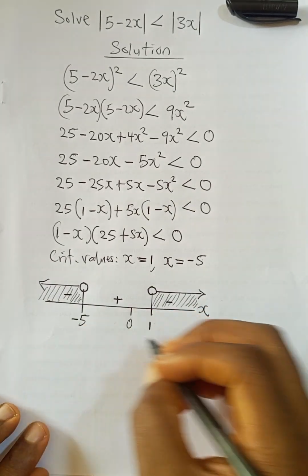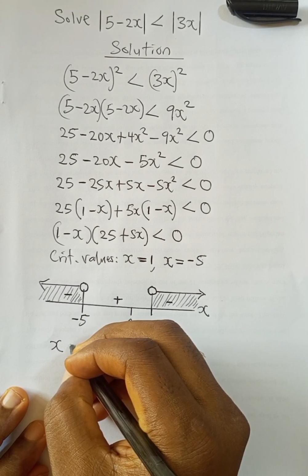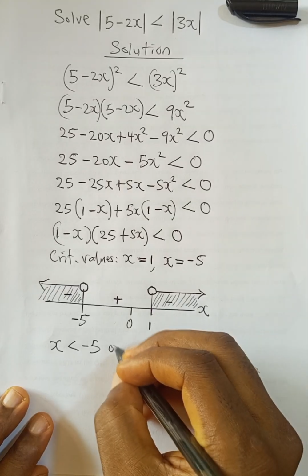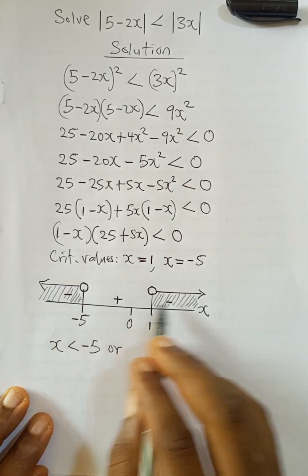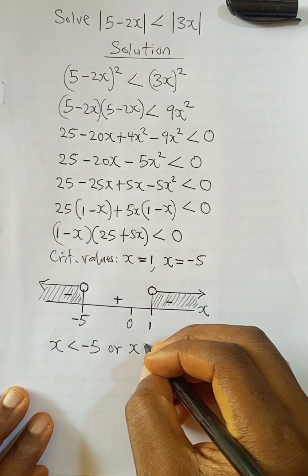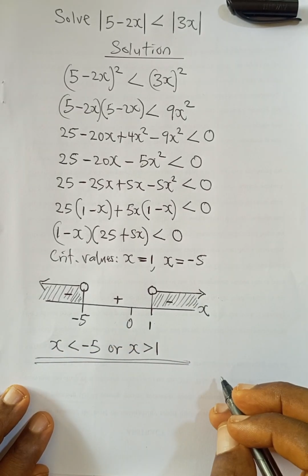This valid answer can be presented as saying that x is less than minus 5. You see, we are using or now because there are 2 ranges, this side and this side, or x is greater than 1. That is the first way to present it.